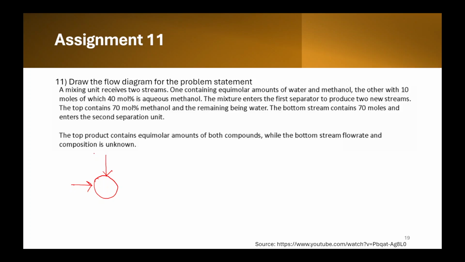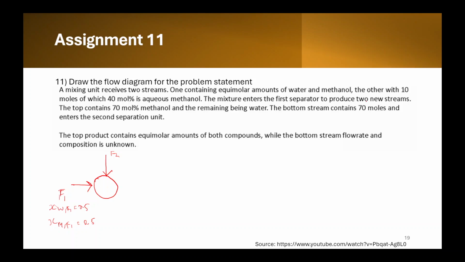So suppose this is F1 and this is F2. One containing equimolar amounts of water and methanol. So I can write this as XW,F1 is equal to 0.5, XM,F1 is equal to 0.5.